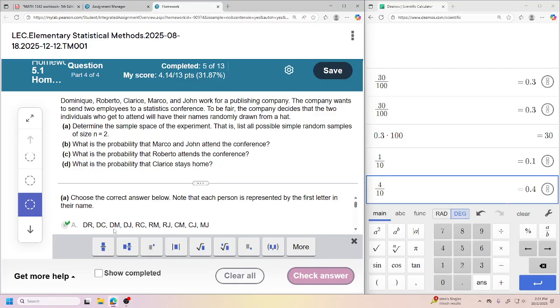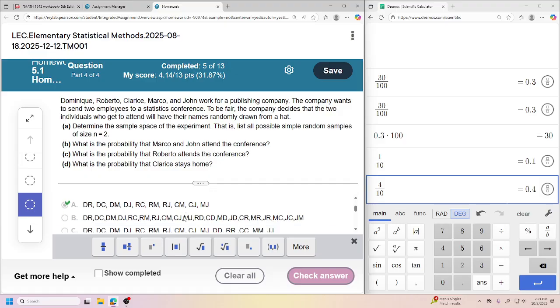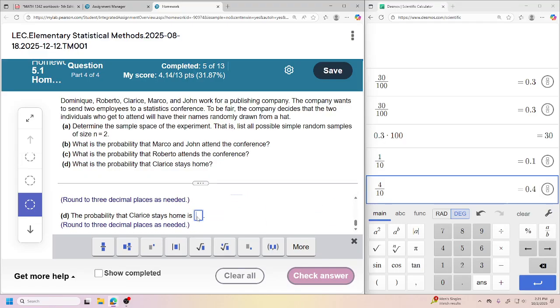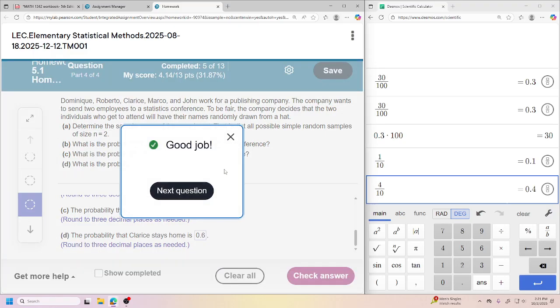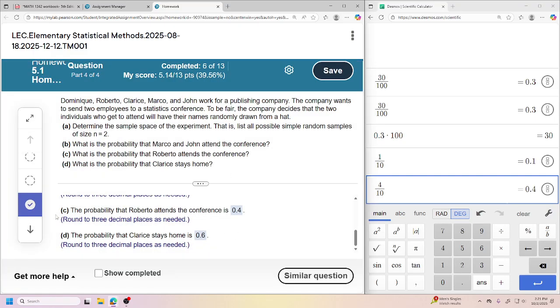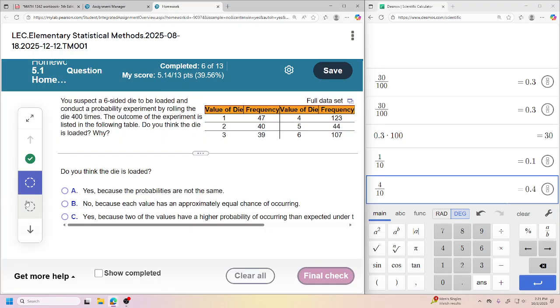So that means not C. 1, 2, 3, 4, 5, 6. So 6 out of 10. Okay. Well, they're trying to get us. Yeah. It happens to me too.